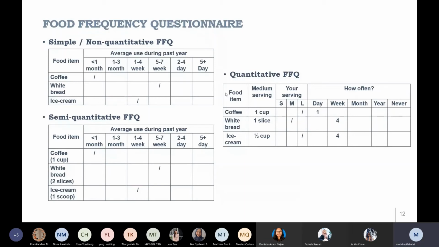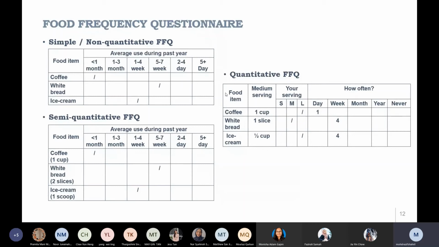So the tip is the interviewer or the researcher must explain and demonstrate how to fill up the FFQ correctly, or else you will get not good data or false data from the respondents just because they don't know how to fill up the FFQ.